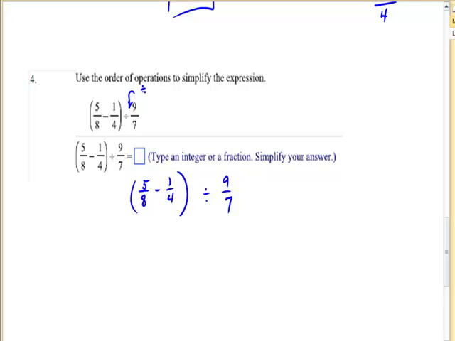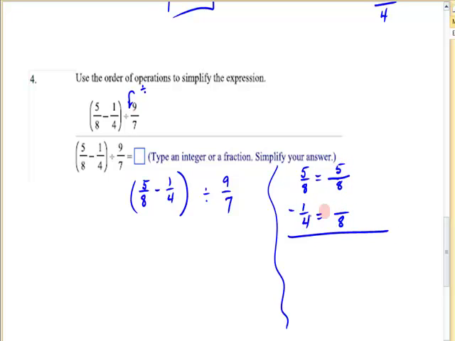So let's see. Parentheses have the highest priority. So I have 5/8 minus 1/4. Common denominator is 8. No change in the top one. 4 goes into 8 2 times, and 2 times 1 is 2. Subtract for 3/8. So I have 3/8, if it is indeed divided by 9/7.